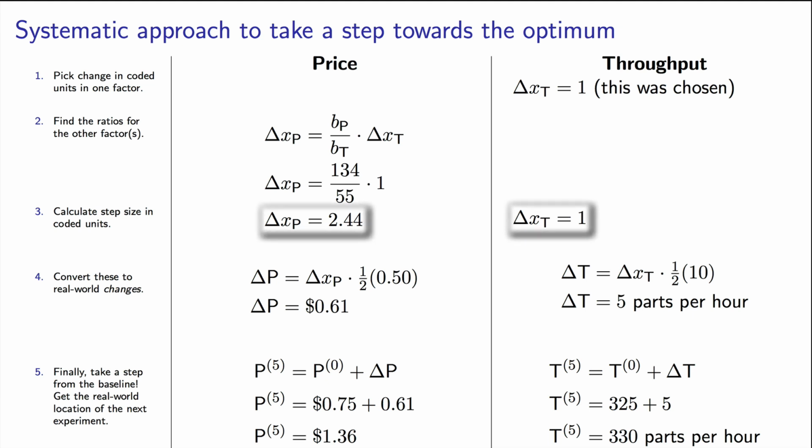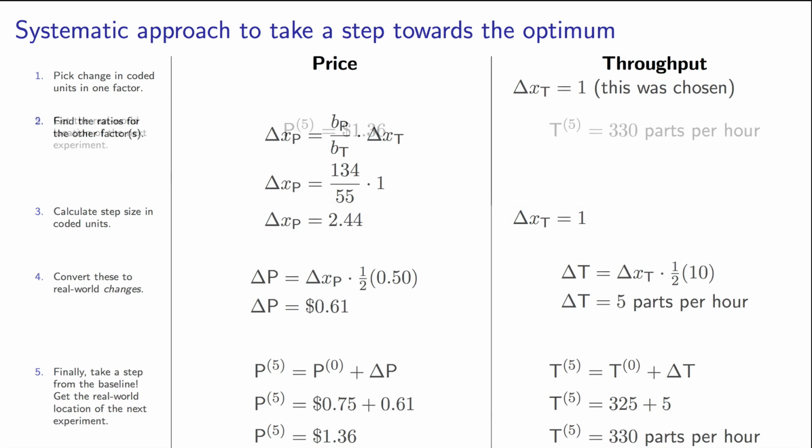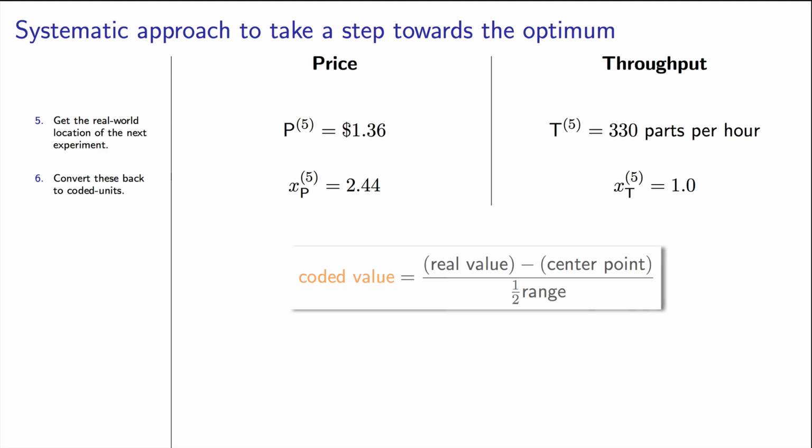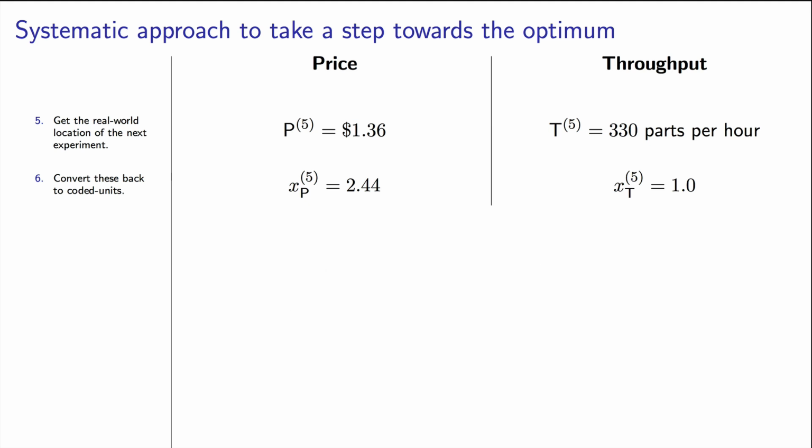Notice how this is a greater change in price than the changes in throughput. And that's exactly correct in what we saw in the model. What are the corresponding XT and XP values for these encoded units? Using the formula from before, that corresponds to XT equals 1 and XP equals 2.44.